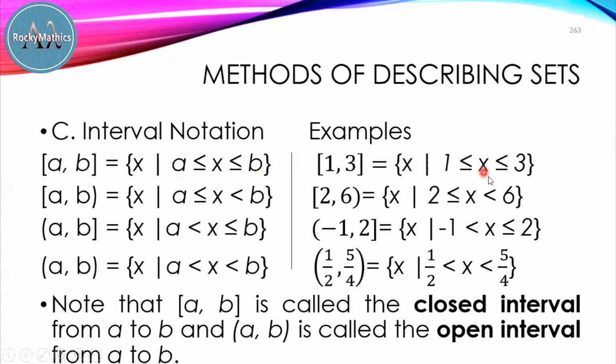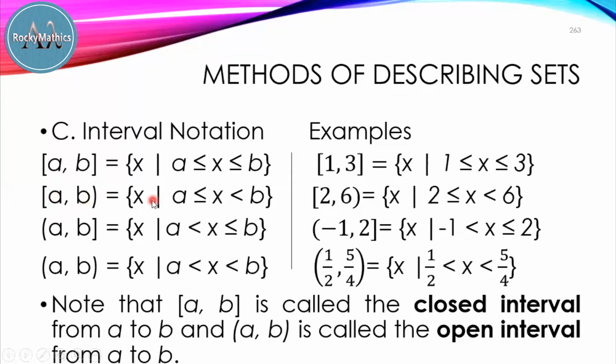So this means x less than or equal to 3 but greater than or equal to 1. How about this one? An interval from A to B where B is not included because of the open parenthesis. The bracket tells us that the value or element belongs to that set, but the open parenthesis tells us that the specific value or element doesn't belong to that set.